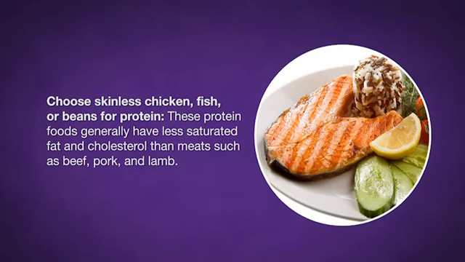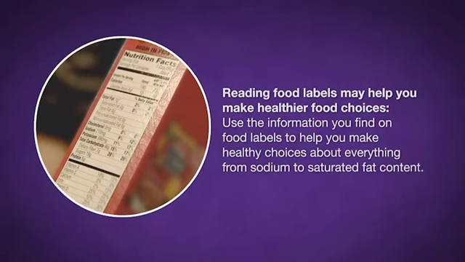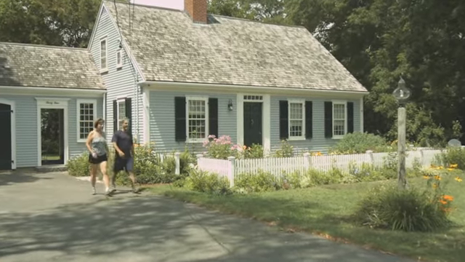These protein foods generally have less saturated fat and cholesterol than meats such as beef, pork, and lamb. Reading food labels may help you make healthier food choices. Use the information you find on food labels to help you make healthy choices about everything from sodium to saturated fat content.